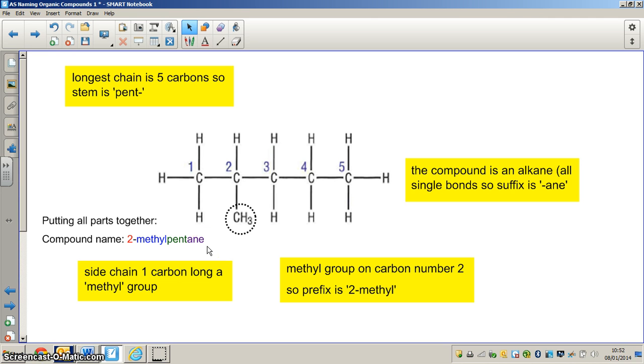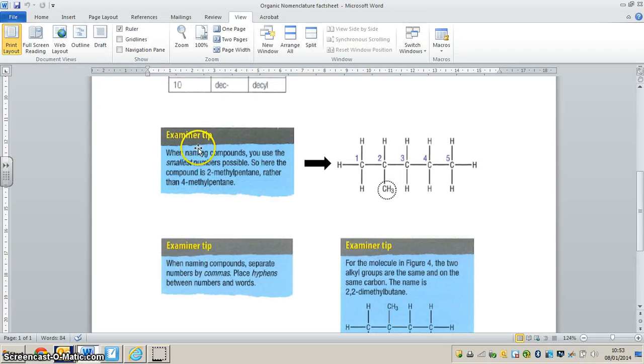Now it's very important to look at this molecule and to consider some other facts which are on our fact sheet which I've given you. And this is the key fact: when we name compounds, we use the smallest numbers possible. So in the example I've just illustrated, we have a compound which is 2-methyl pentane.